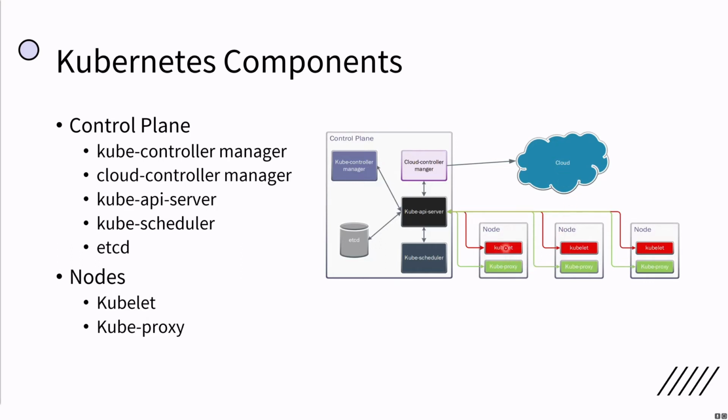Kubelet is an agent running on the nodes, and it makes sure containers are running in the pods. And then the Kube proxy, this is your networking portion for the nodes. It is your network proxy on each node. It has your Kubernetes services concepts in it, all of your network rules, and allows for communication between the pods.